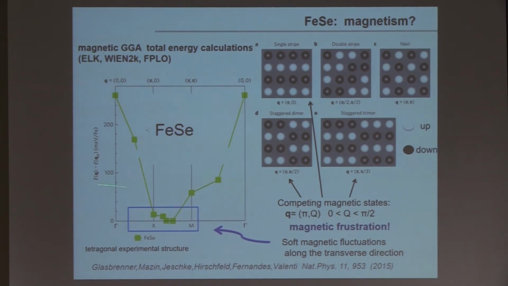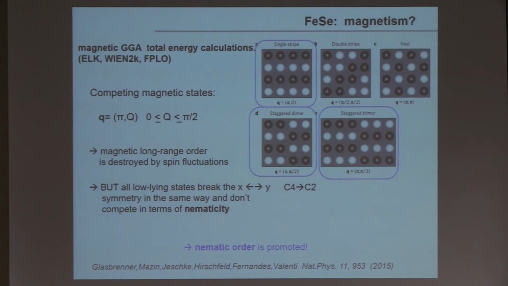So here I'm showing the energies. This is telling us that all these states are competing. We have degeneracy in energy, all these states are competing, but they have a very special propagating vector. So we would understand that this nematicity is very much related to having magnetic frustration in this material.